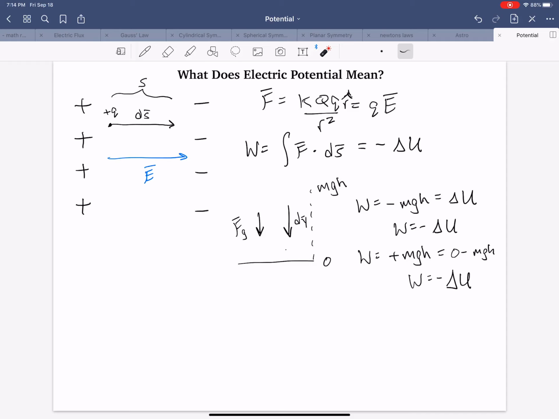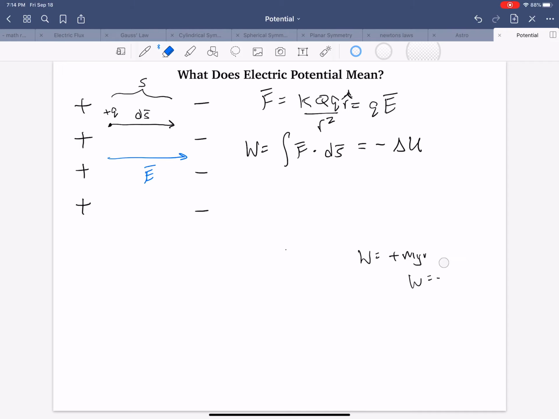So let's translate that example now to the physics 4B electrostatics realm and see how that applies to test charges in the electric field. Now instead of the force of gravity, we have the electric force, qE.